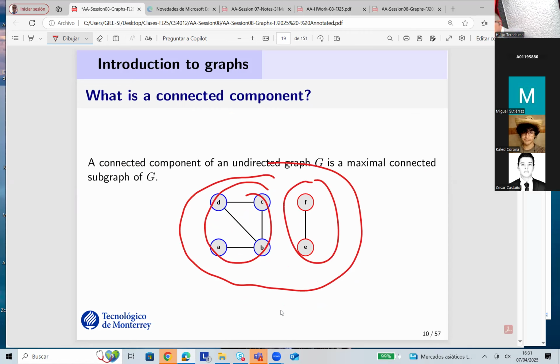This is just an example, but there's no connection between any of these nodes here and any of these nodes there. Still, my graph is G, and I have two connected components here.